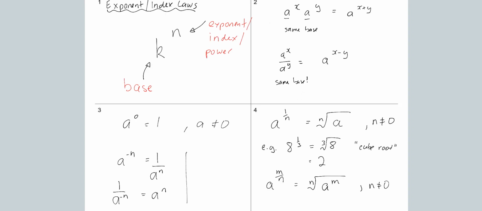Then we spent the rest of the time looking at exponent or index laws, reminding ourselves that the big number is called the base, and a base is raised to a power, or to an index, or to an exponent. I would argue that exponent is probably the most common word used worldwide, although in the UK and Australia, index is very common. Guess which one's older?